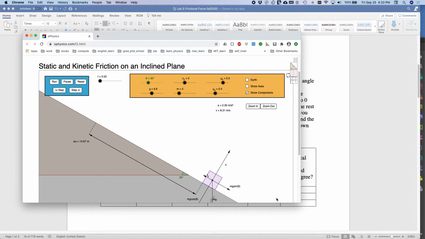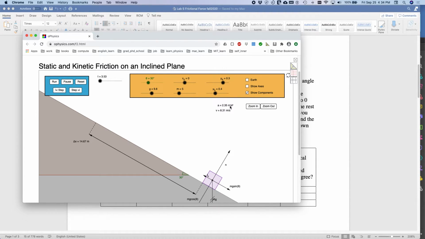We don't need that part anyway. Here is the acceleration, 2.35 meters per second squared. That was the simulated value. For number 3, what students are going to change is this angle theta. If you keep changing theta, look at the value of acceleration here.